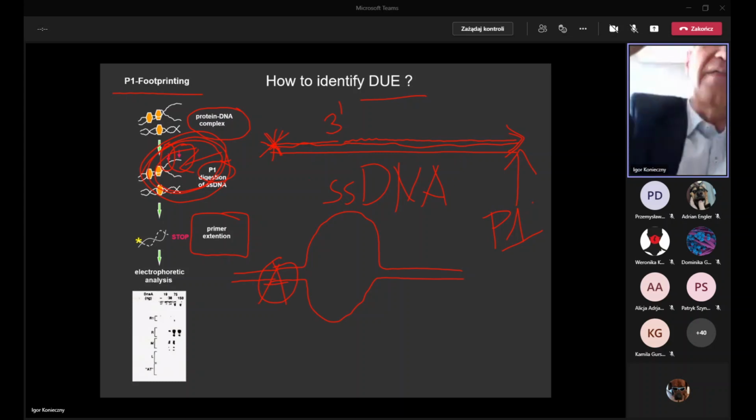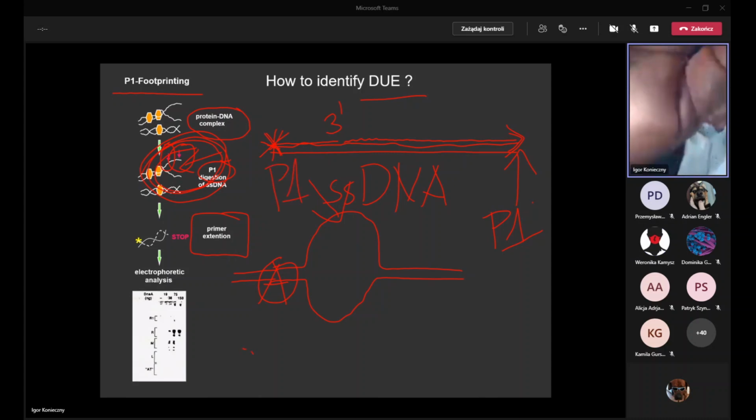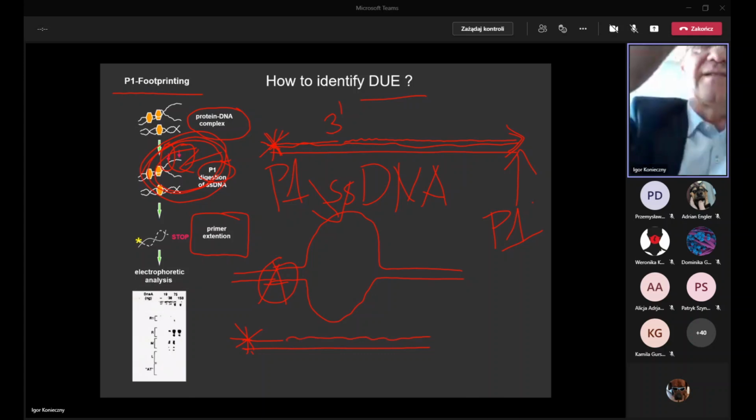Then you will have the cut of the single strand by P1. And then in solution, you can anneal the primer, extend it, and identify the position of the cuts.